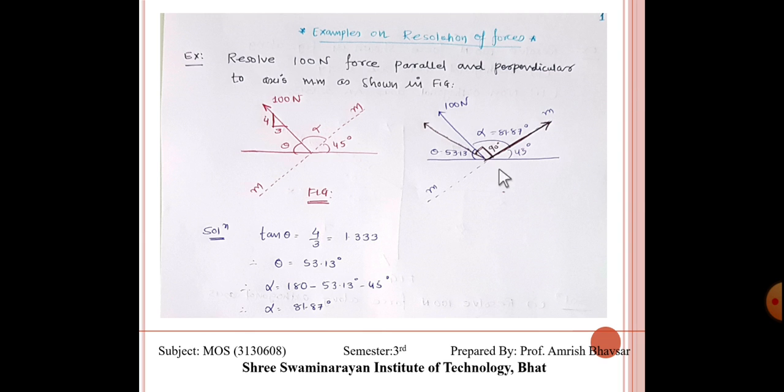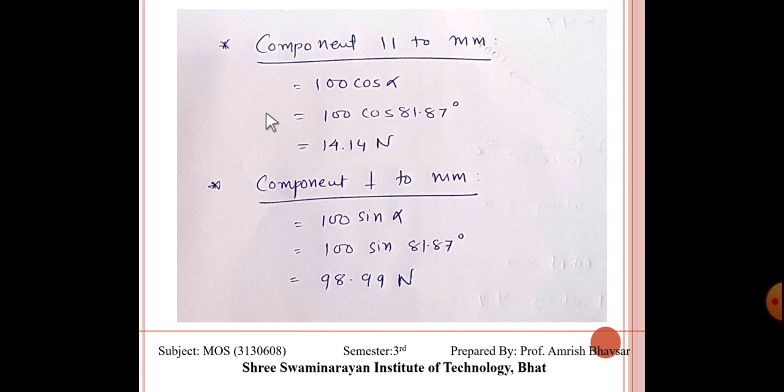Now the component parallel to mm is 100 cos alpha, and that is 14.40 Newton, and the component perpendicular to the mm axis is 100 sin alpha, that is 100 sin 81.87 degrees, which is 98.99 Newton.